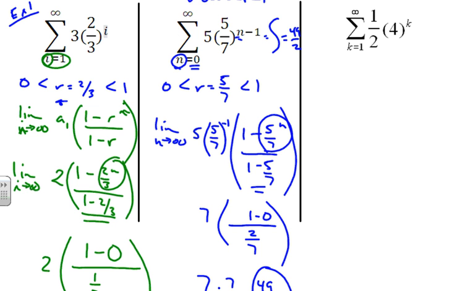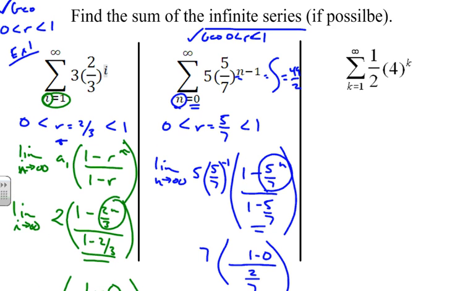Okay, well, let's go to the last one. Once again, we go through our little checklist. We want to find the infinite series, so can we do this? Is it geometric? Is it exponential? Yes, check. Is my ratio less than 1 and greater than 0? Because it only works for those. My ratio appears to be 4. Well, is 4 less than 1? No, it's not.